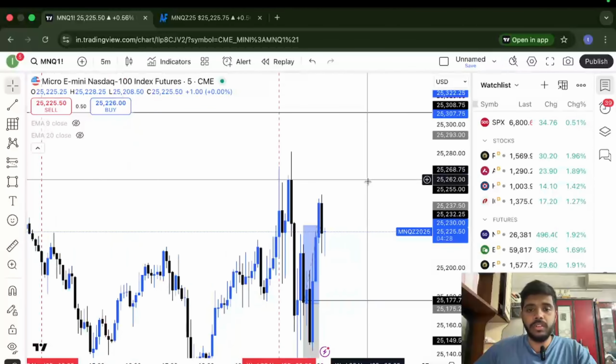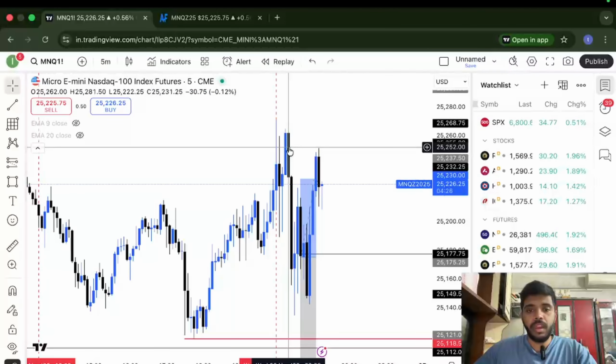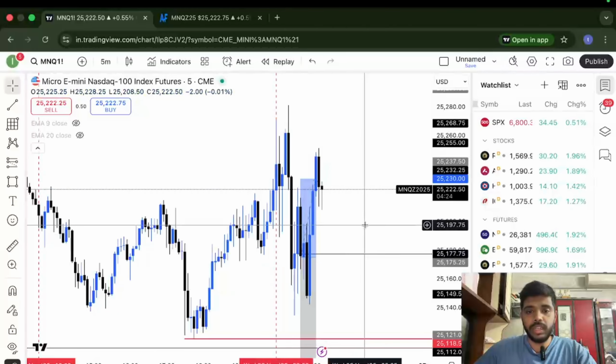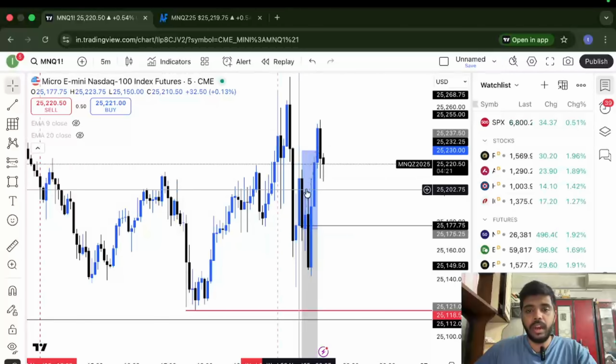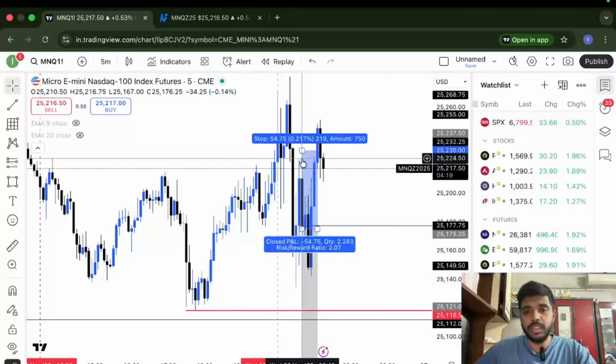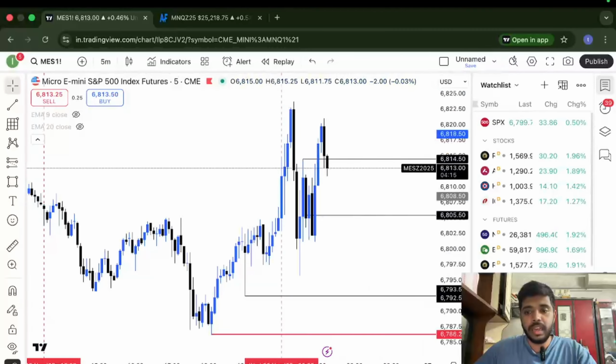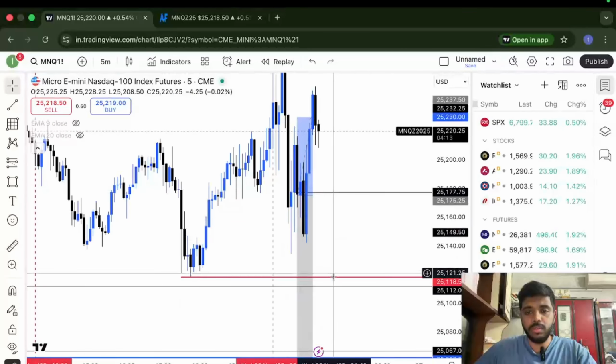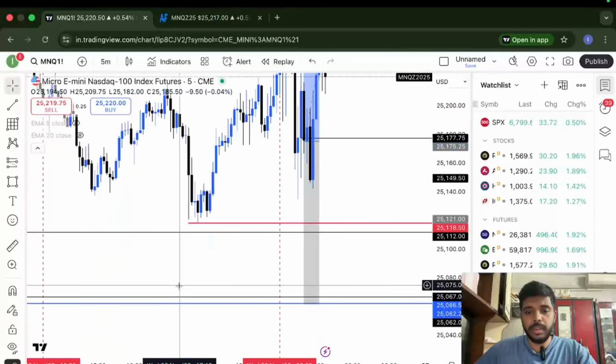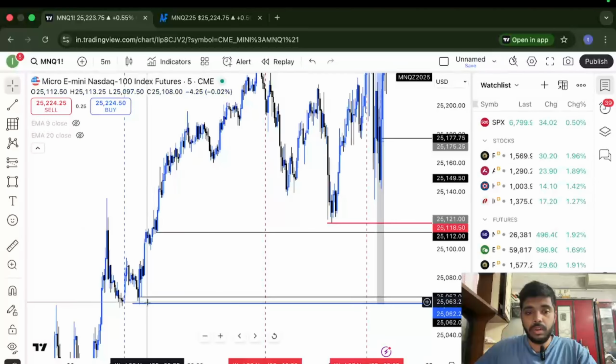High time frame was bearish, and we gave a good bearish candle to the downside and retraced to the upside. After that, forming a bearish SMT from these highs to these highs, and on ES from these highs to these highs. So the leading index is Nasdaq, and Nasdaq is also very close to London lows as well as previous day Asian lows. Sorry, today's Asian lows.